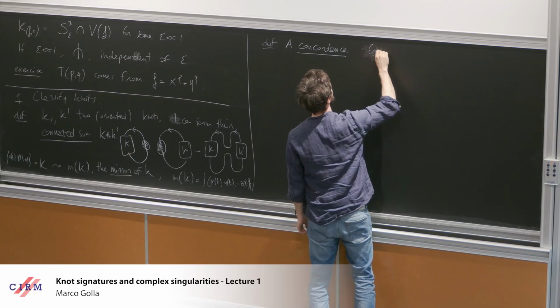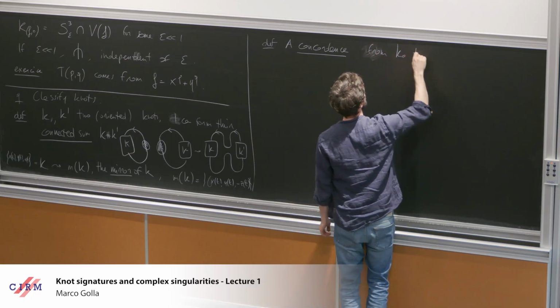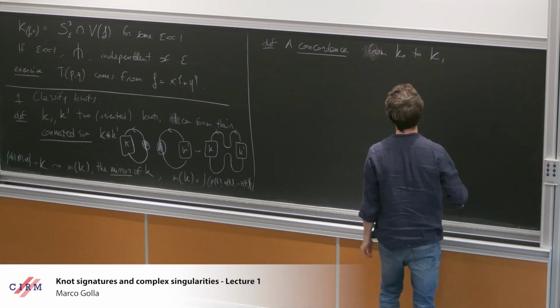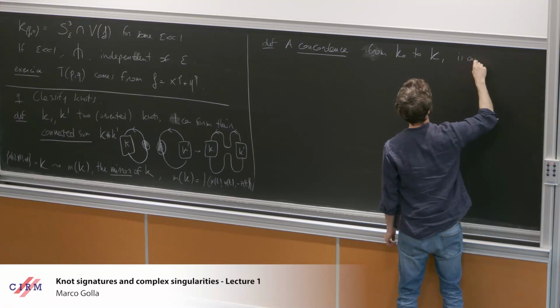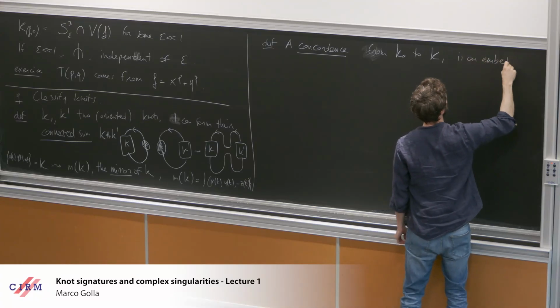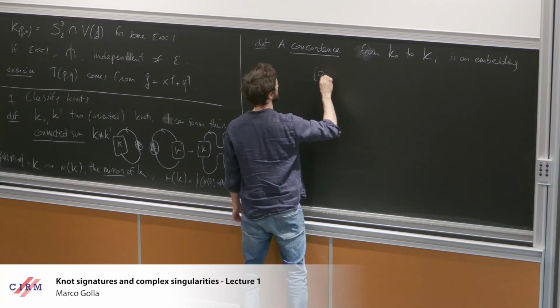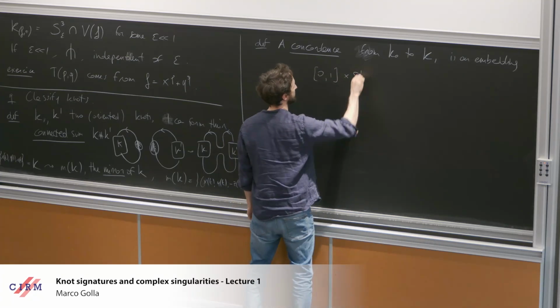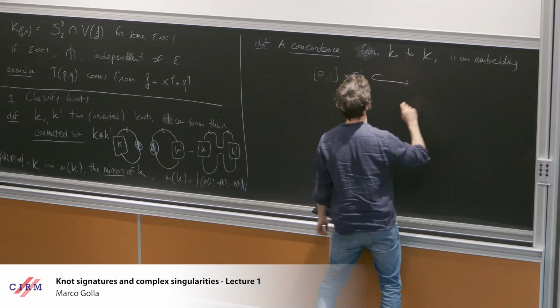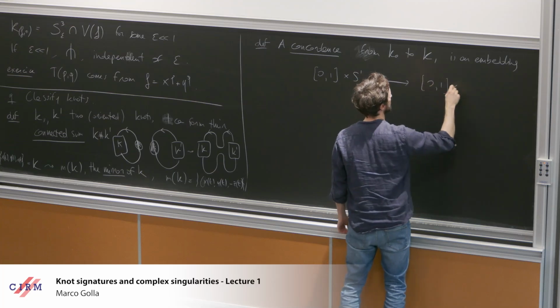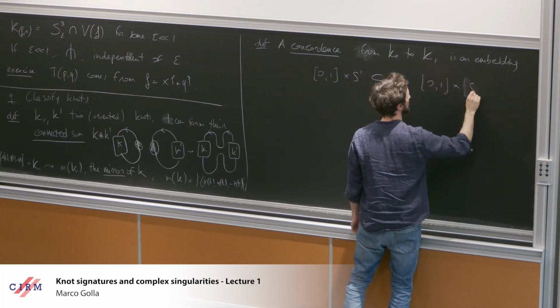A concordance from K0 to K1, two knots, is an embedding of [0,1] times S1 in [0,1] times S3.